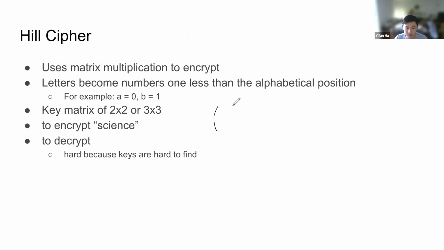I won't go into most of the details, but if your word is like hi, and your matrix is like 2 and 3, 3 and 4, once you multiply this out, you will get your encrypted message here.